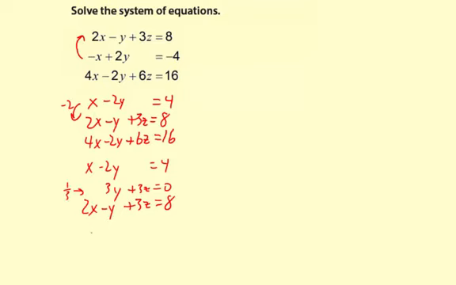So recopy those. It's going to be x minus 2y equals 4, and then y plus z equals 0. And then the equation 3 is going to be the same still, 2x minus y plus 3z equals 8. Once again, I multiplied equation 2 by 1/3 or divided by 3, however you want to look at it.